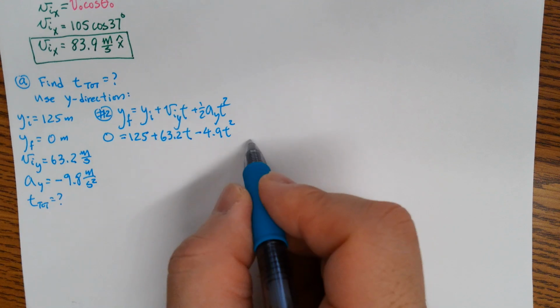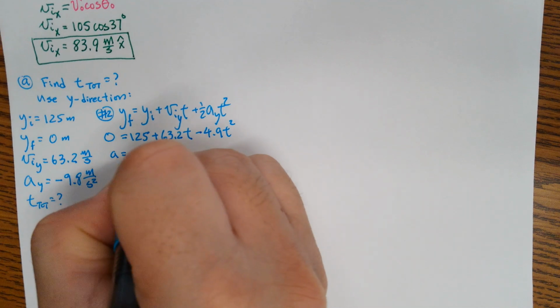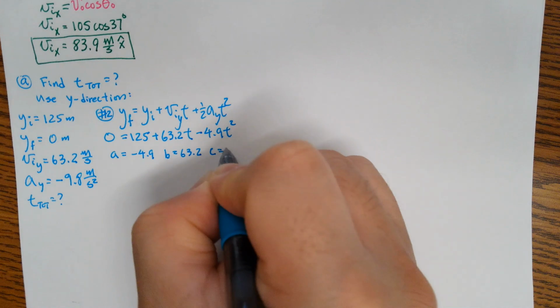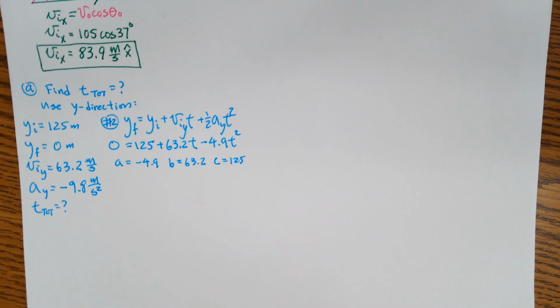So this looks like a quadratic equation where my a is equal to negative 4.9, my b is equal to 63.2, my c is equal to 125. Since I don't have the quadratic formula in my calculator, I used this solver function here, entered 4.9, then 63.2, then 125, and calculated, and it looks like I got two answers.